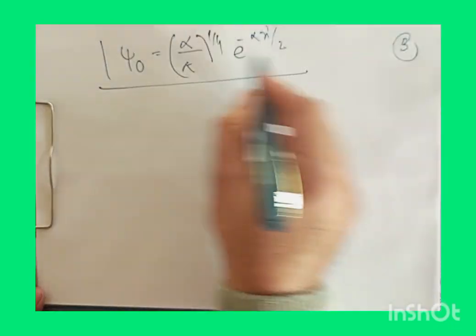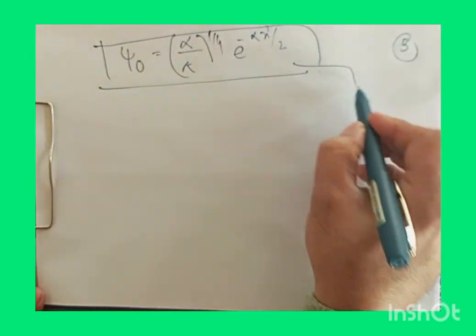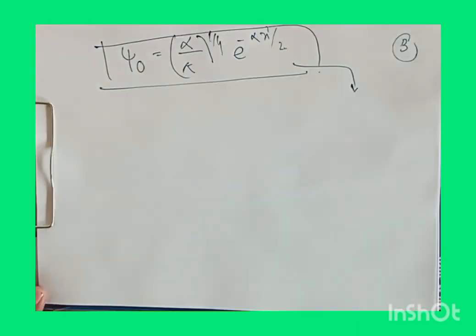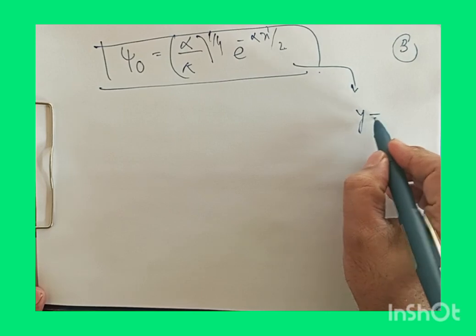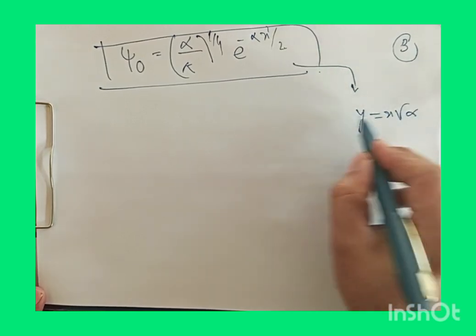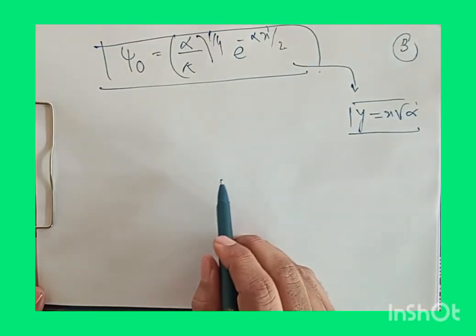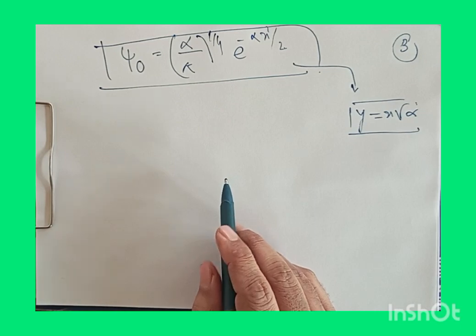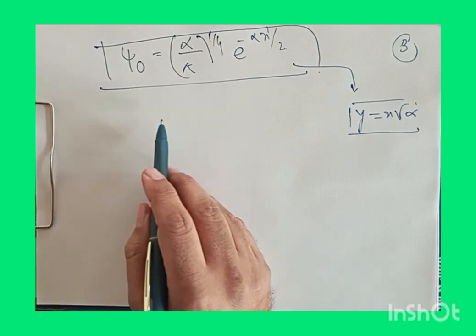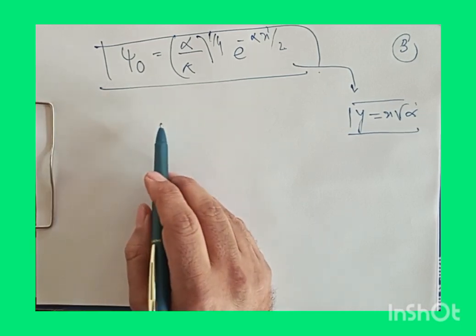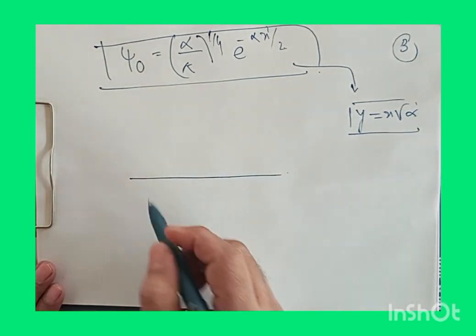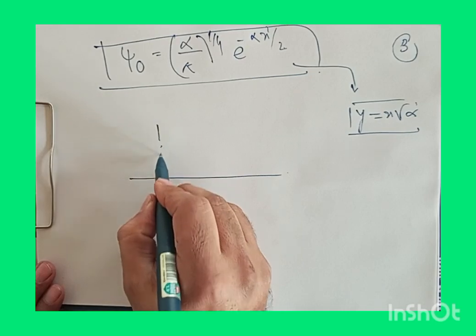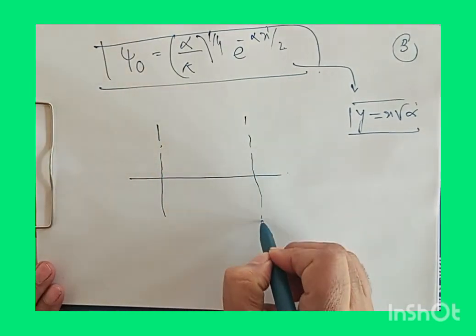This is what we will be getting, and what is important here is that we have used y is equal to x times the square root of alpha. So this is my wave function for the ground state of this harmonic oscillator, and if we plot this wave function, what we see are, say, the classical limits.